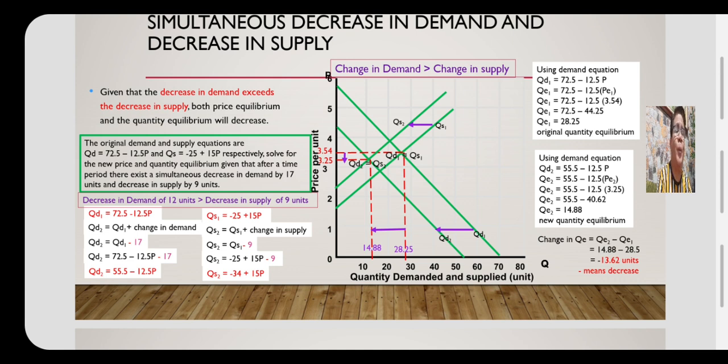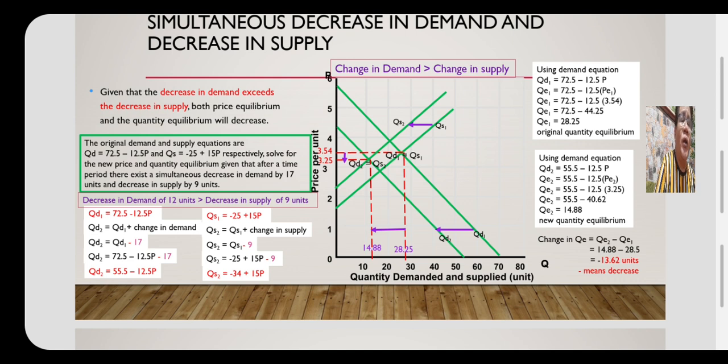So 55.5 minus 40.62, where 40.62 was derived from the product of 12.5 and 3.25. The new quantity equilibrium is equal to 14.88. And now that we have the value of the new quantity equilibrium and the original quantity equilibrium of 28.25, we can compute for the change in quantity equilibrium.